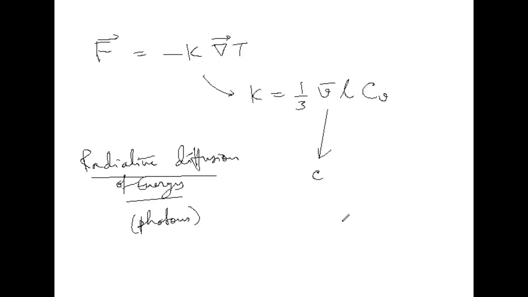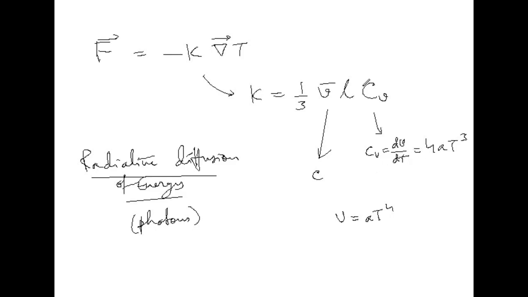Now we already know that u, or energy density, is a T to the power 4. So the specific heat per unit volume, CV, is basically du/dT, and this is equal to 4aT cubed.